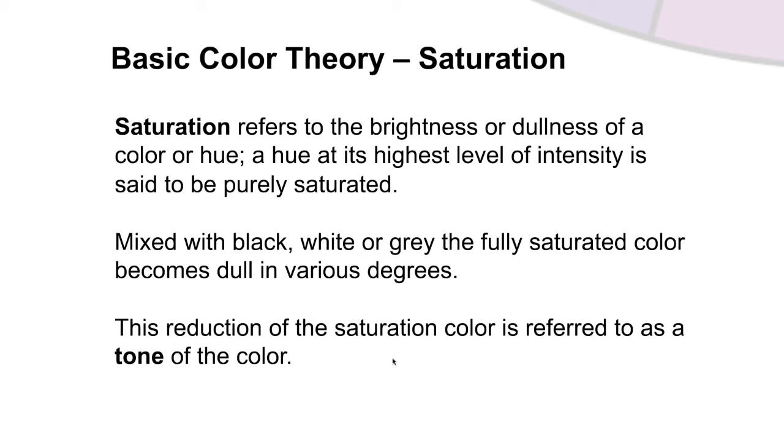And so that's a highly saturated color. The dull color is not saturated. If you mix black, white, or gray with the color, it's going to darken it or lighten it to the point where the saturation is taken out of it. So it's not going to be a very saturated color. This can often be referred to as the tone of a color, but mostly I'm going to refer to it as saturation.